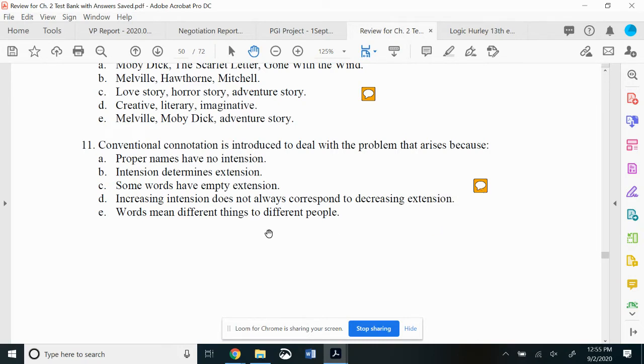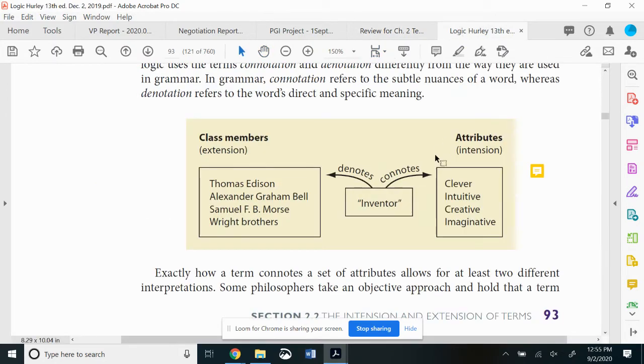E. Words mean different things to different people. So conventional connotation deals with the problem of, and what are we doing when we connote? We're giving properties and attributes, right? Connoting. So you can give a lot of properties and attributes to a certain word or term that we're trying to define. Well, it could mean different things for different people.